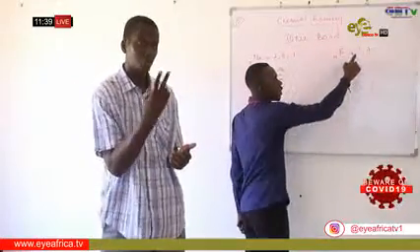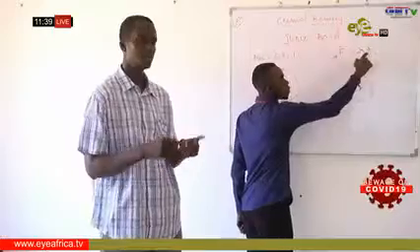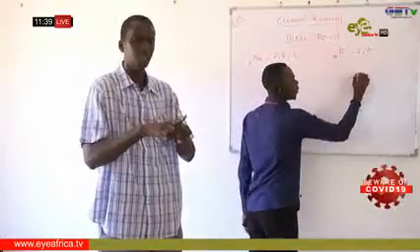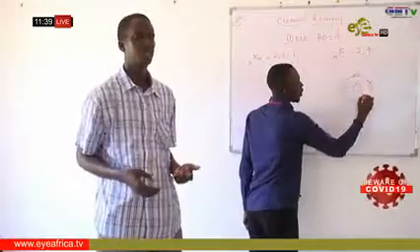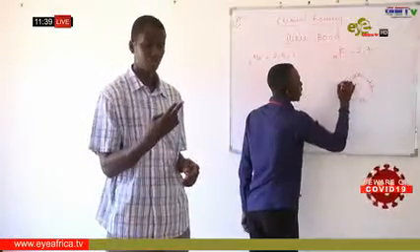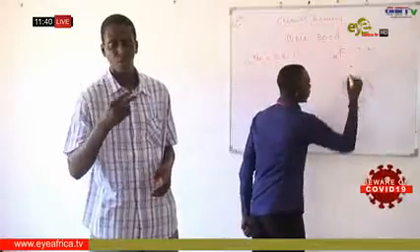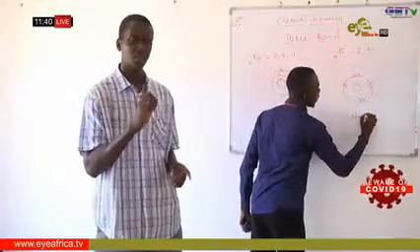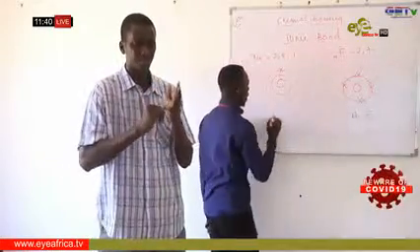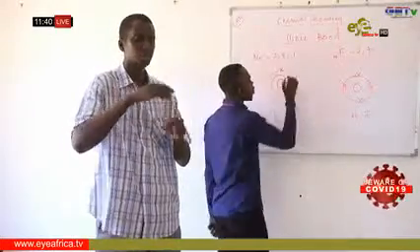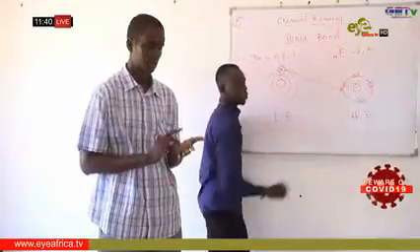So the valence electron of this fluorine now becomes what? 7. We will have here 1, 2, 3, 4, 5, 6, and here we have 7. So you see now, this fluorine is having high electronegativity, and this is having what? Low electronegativity. So transferred to this one.